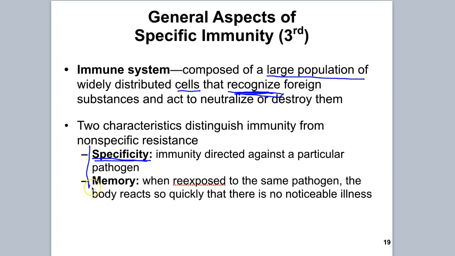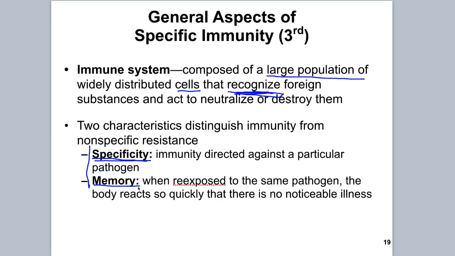And these immune cells that we're going to talk about also have memory. They can remember a pathogen so that when we're re-exposed to it again, the body can react so quickly that we don't even have any noticeable illness. This is like when we get the chicken pox the first time as a child, we get really sick. But then our cells store a memory of this pathogen.